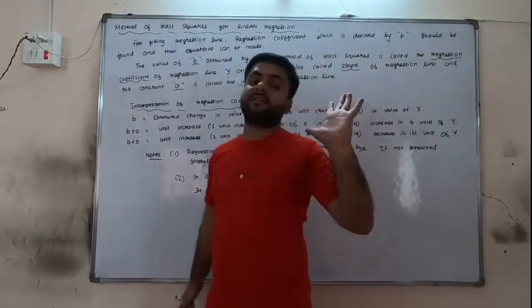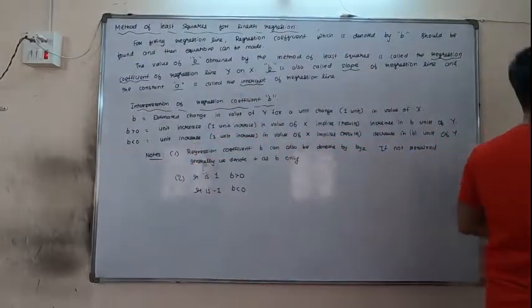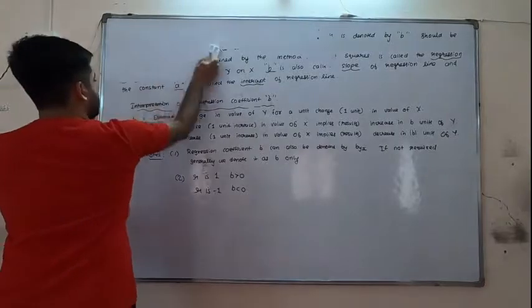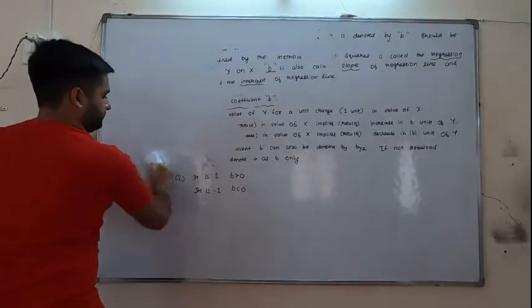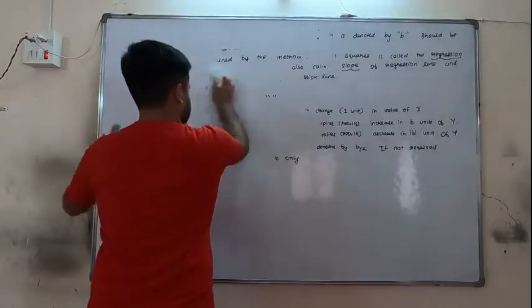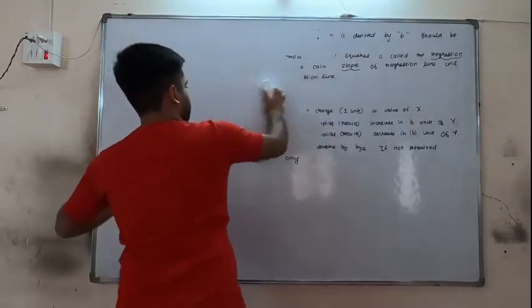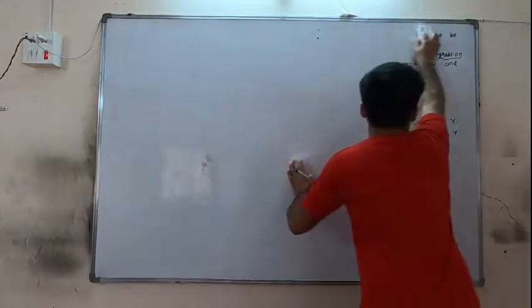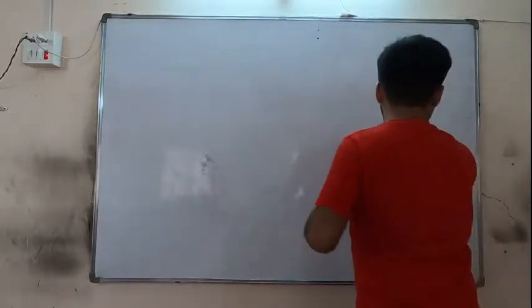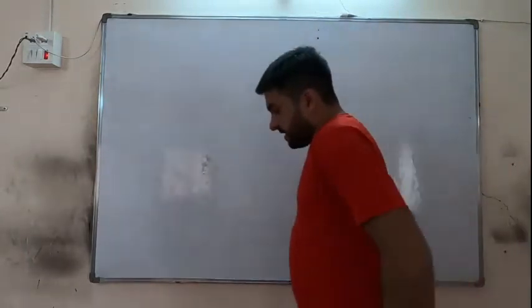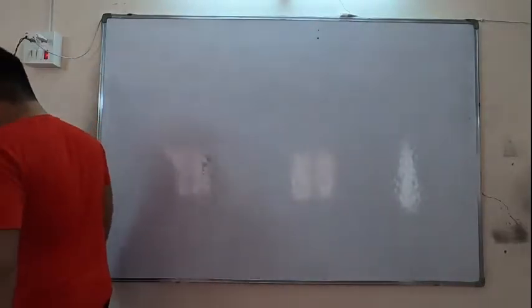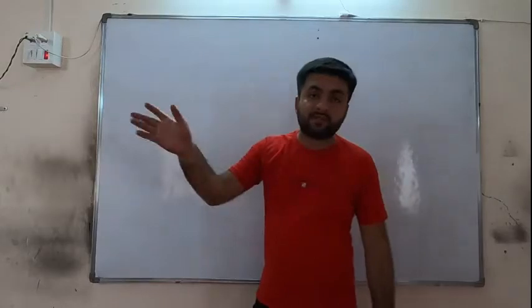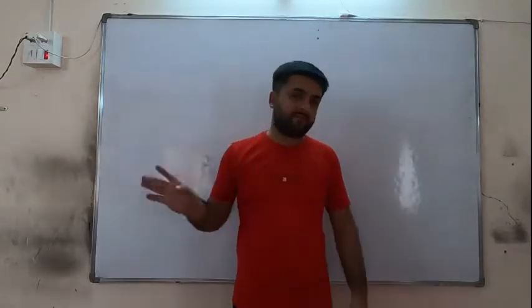Now we are writing each and every formula. So these types of sums, friends, are solved according to steps. There are 4 steps to solve the sum.